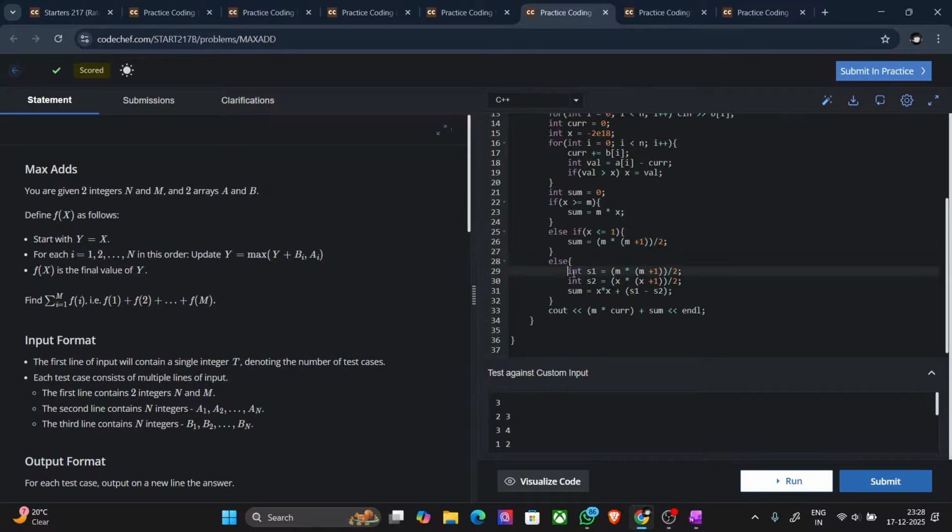Else, if k is between 1 and m, then the answer will be k into k for when x resides between 1 and k, and when x resides between k plus 1 and m, the answer will be s2 minus s1. Then we can just do m into current, which is the Pn, plus sum, which is the summation part. That's how I would derive the whole formula.